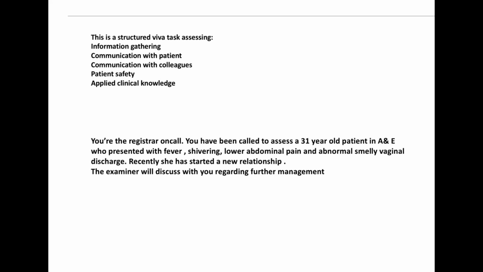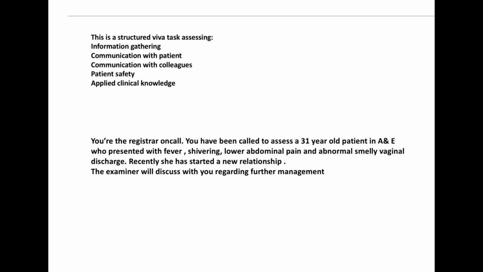First investigation we need to do is the urine. We need to take her urine sample. The first is the urine pregnancy test. So this urine is important for the urine pregnancy test and urine dipstick. Urine dipstick is just to exclude any possibility of UTI, because this presentation can be a kind of pyelonephritis and just mistaken for PID.